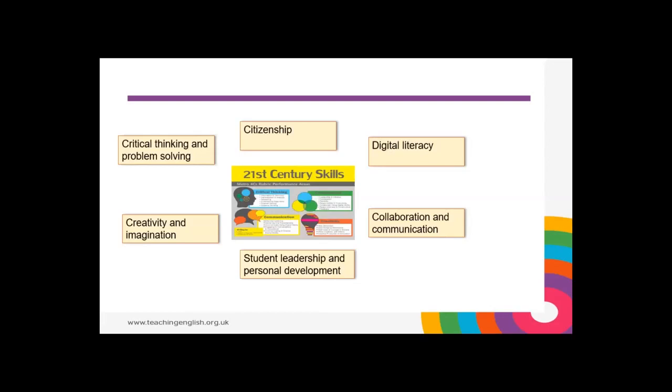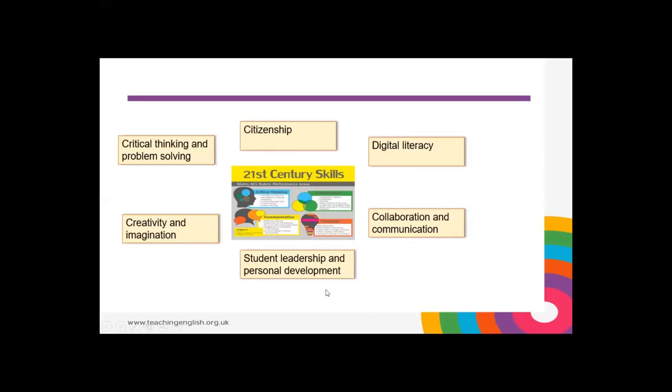Okay, so try to know them. Again, we have the 4 C's and all of these. Try to think about them. Citizenship, digital literacy, collaboration and communication, critical thinking and problem solving, creativity and imagination, student leadership and personal development.